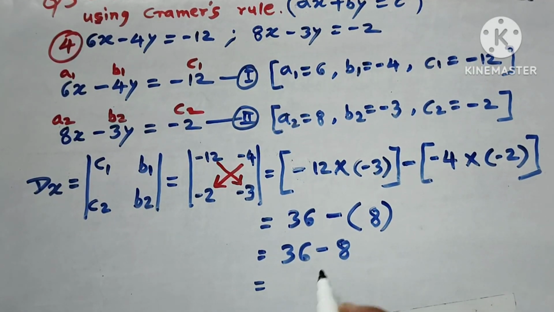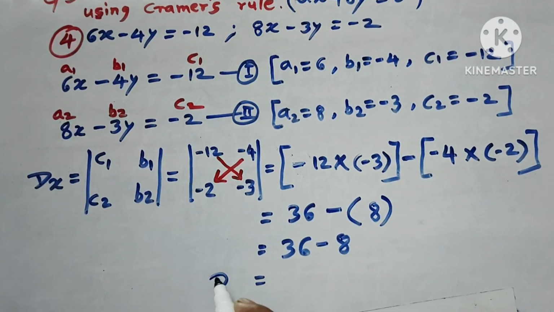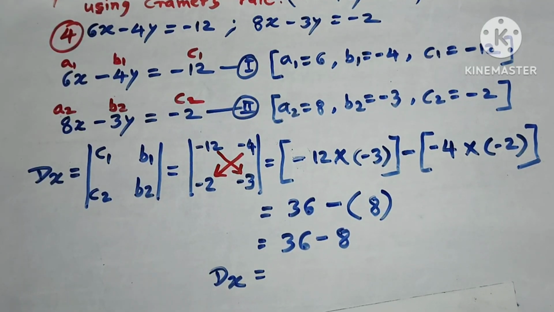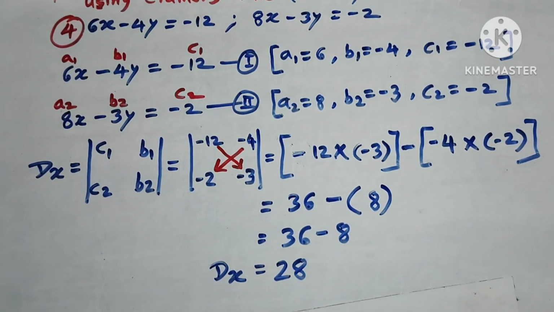Opposite signs, so subtraction. Dx is equal to 28.